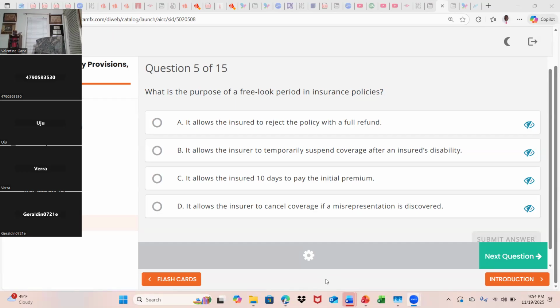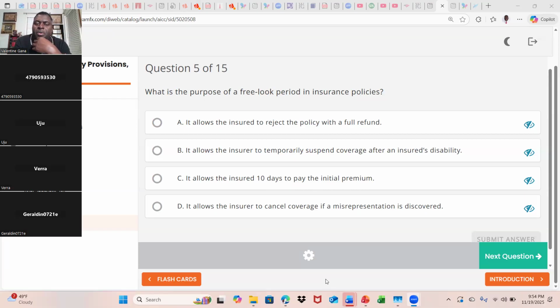Free look period is when the policy is delivered to the owner, and it's a period where they can look at it. It's delivered with a buyer's guide. They can look at it and decide to change their mind or to keep it. So it's either A or D then.